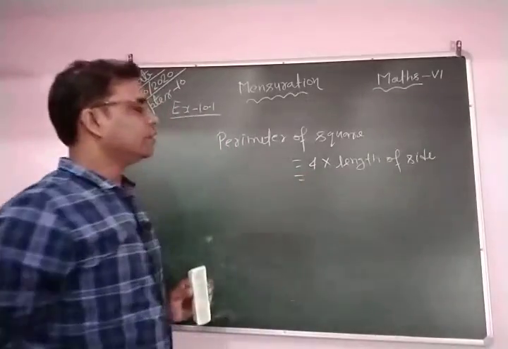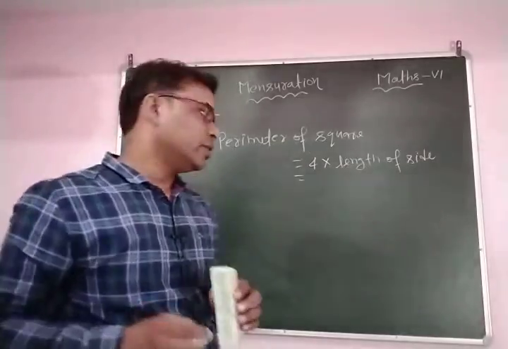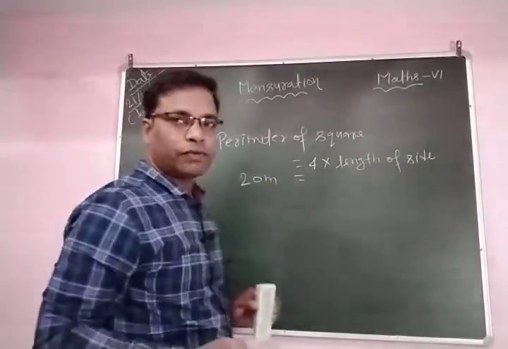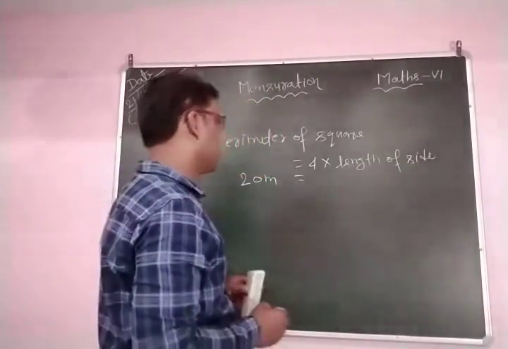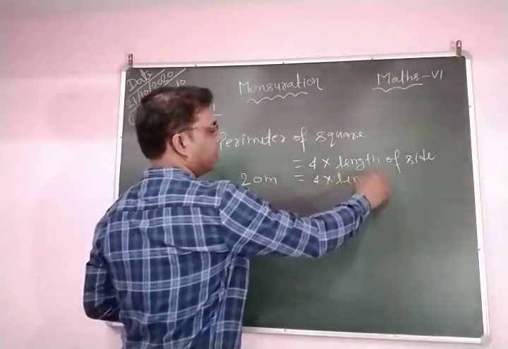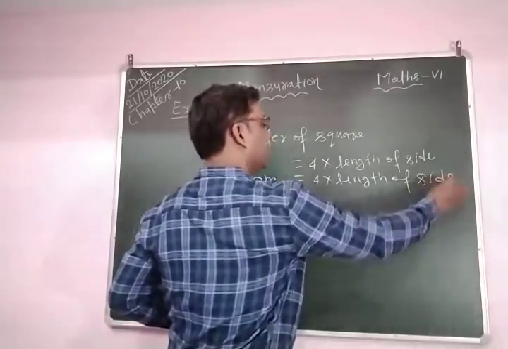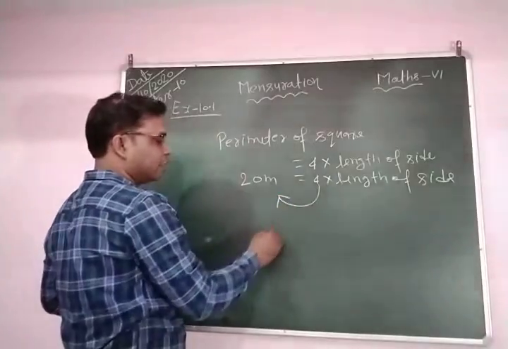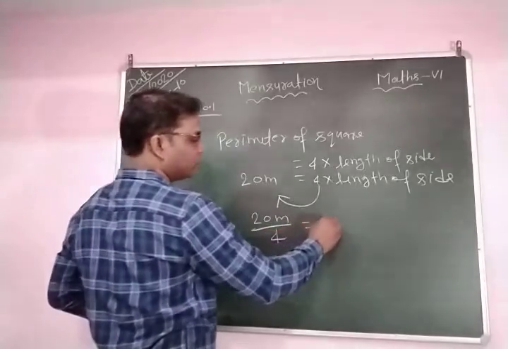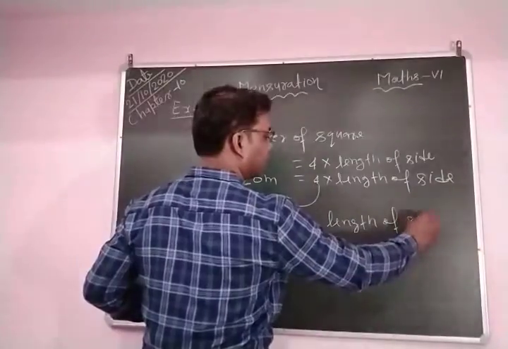So here perimeter of square is given 20 meters, and we need to find the length of each side. So you can write 4 into length of side. If you transfer this 4 this side, this becomes 20 meters by 4, which is equal to length of side.